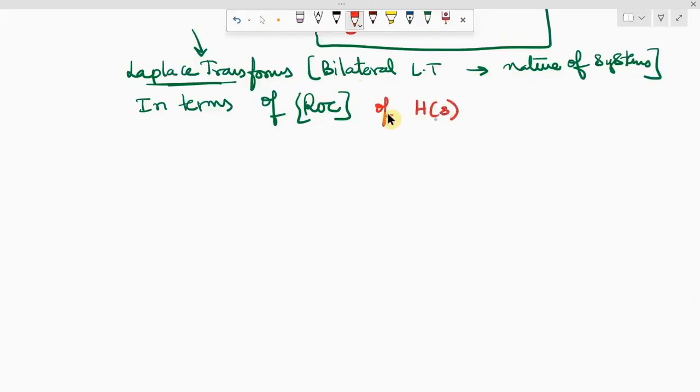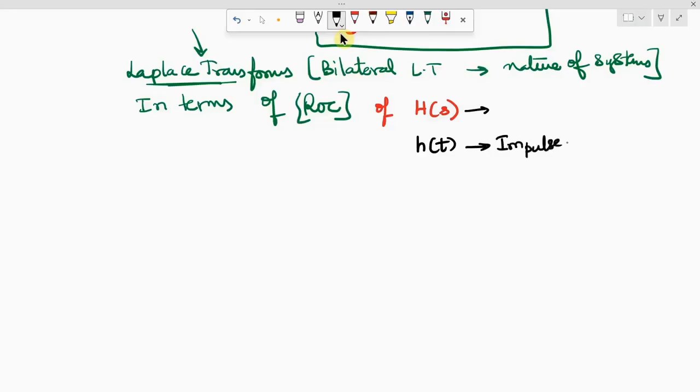Can anyone tell me what is H of S here? And what is H of T here? Waiting for your reply. The H of T is the impulse response in time domain.